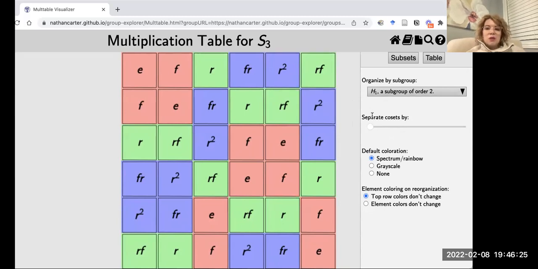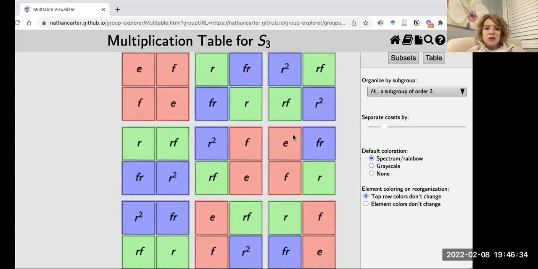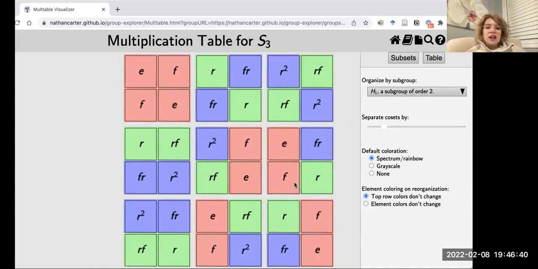Okay, so I can still have individual elements in different cosets. So you see these red elements, the Es and Fs are in different cosets.